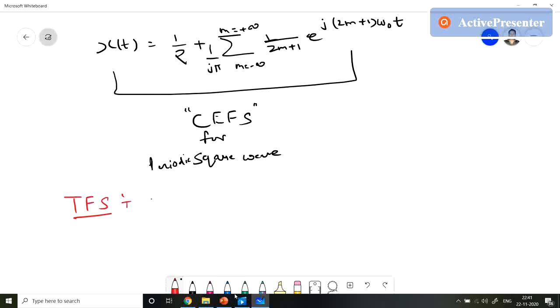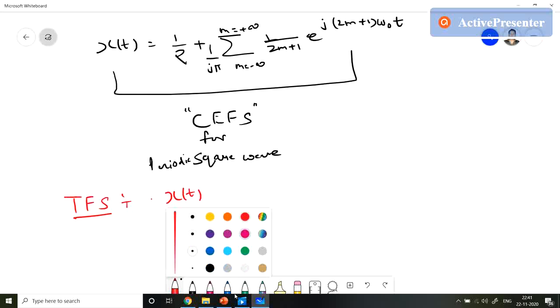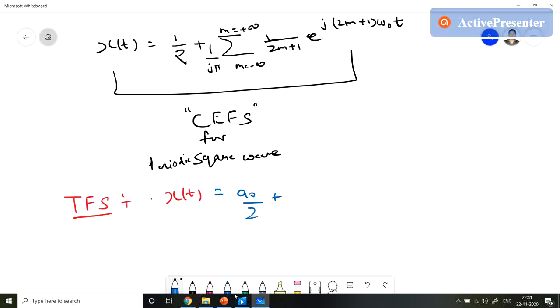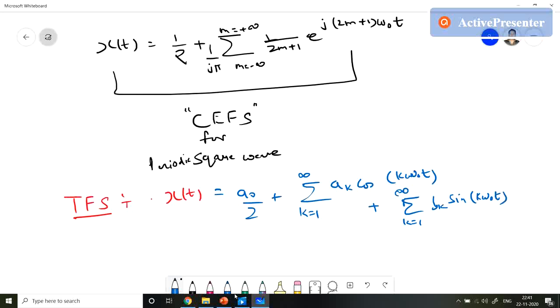So the trigonometric Fourier series is x(t) is equal to a naught divided by 2 plus summation k equal to 1 to infinity a_k cos k omega naught t plus summation k equal to 1 to infinity b_k sin k omega naught t.